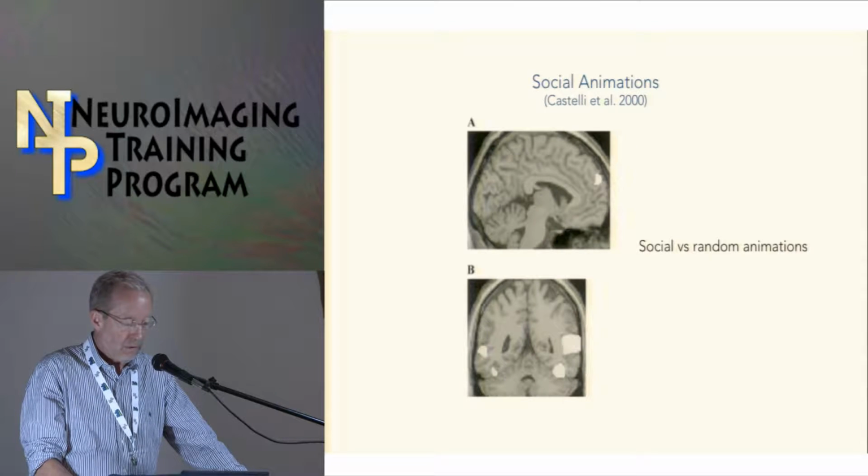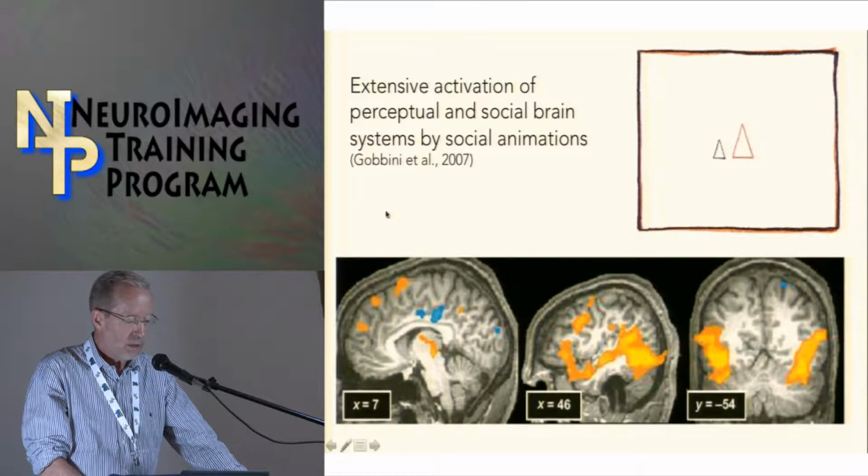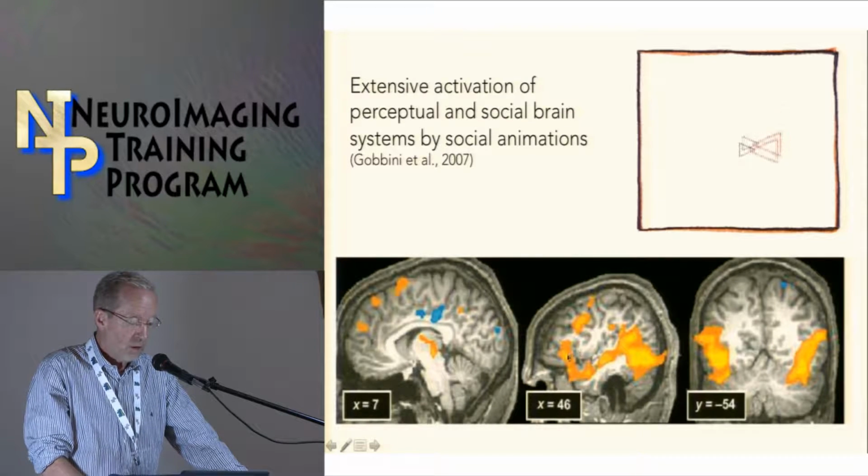So what's that about? Now, in a follow-up study, Gobini et al., in replication, used the same stimuli and found again that the posterior STS, and actually all along the STS, the response to the social animations was greater than the random animations, going into orbital frontal, inferior frontal cortex, and some pieces in medial prefrontal cortex.